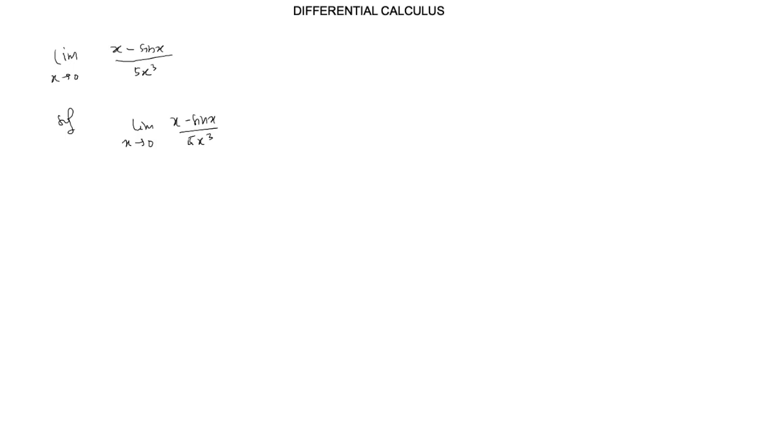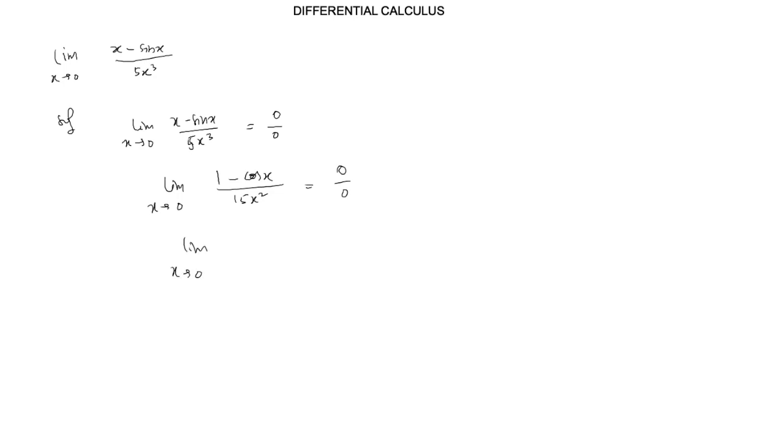Now when you substitute x as 0, you get 0 by 0, which is an indeterminate form, and by applying L'Hopital's rule, we get limit x tends to 0, 1 minus cos x divided by 15x square.